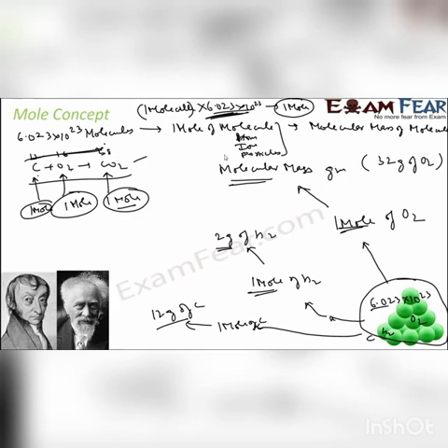So 1 mole of any species is the quantity having the mass equal to the molecular mass. For example, 2 gram of hydrogen, or 32 gram of oxygen, or 71 gram of Cl2, 18 gram of water.